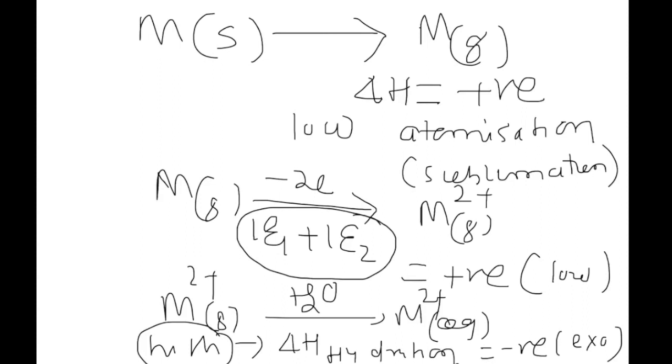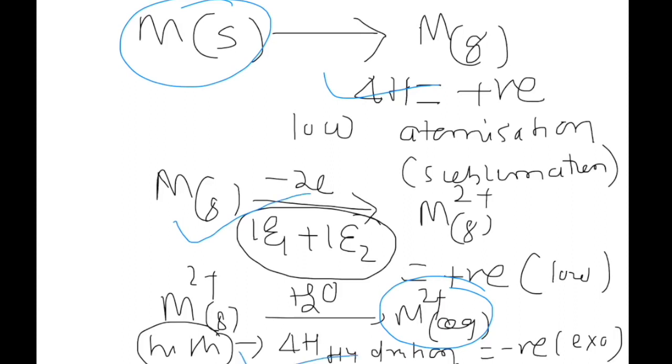It means if a metal in solid form is converted to metal 2 plus in aqueous form, in total the energy involved is in the form of heat of atomization, first and second ionization energy, and heat of hydration. Heat of atomization is endothermic. Ionization energy is also endothermic, but heat of hydration is exothermic.